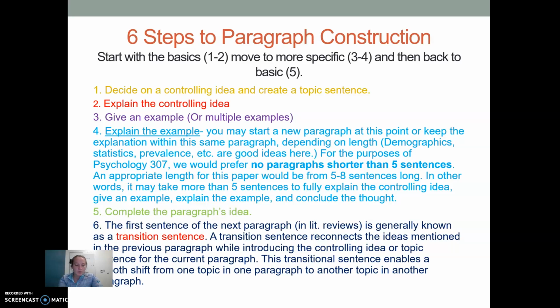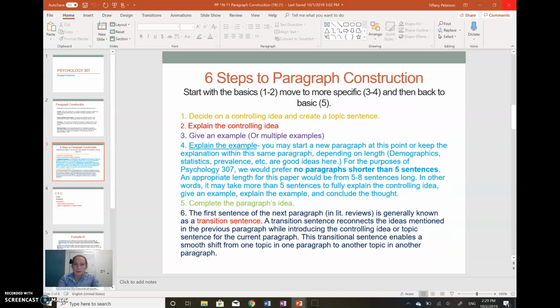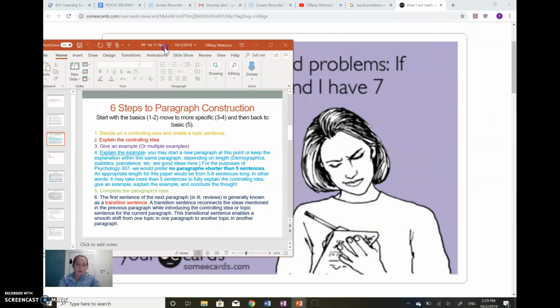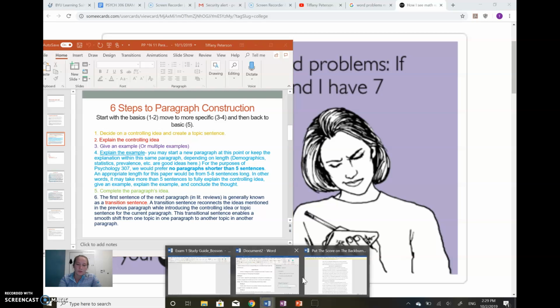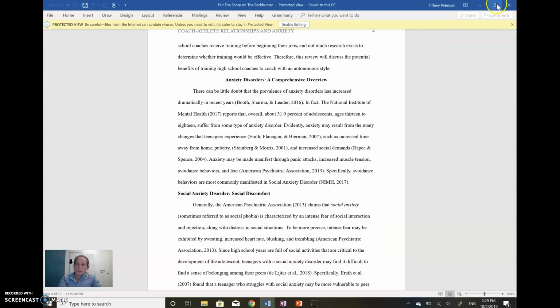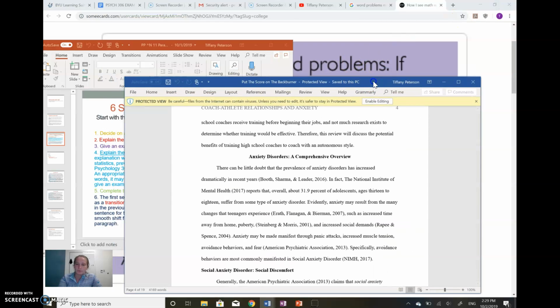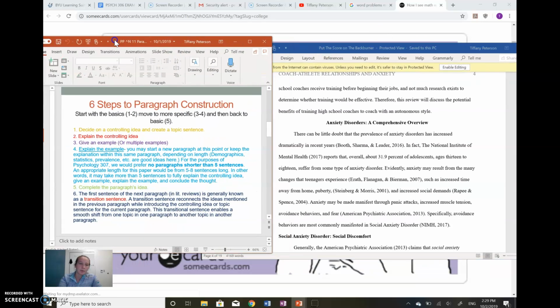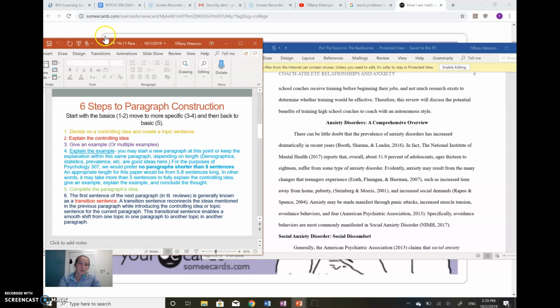So I'm going to minimize this a little bit and pull up my paper. We'll keep this right here, and I'll do a double screen. How's that? So this is my paper, and we can go over the steps as we read it.